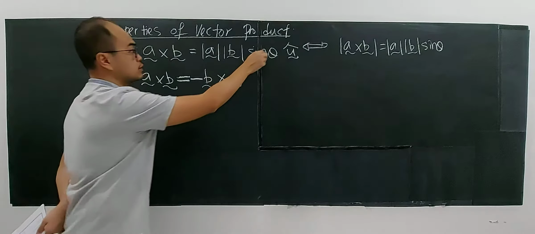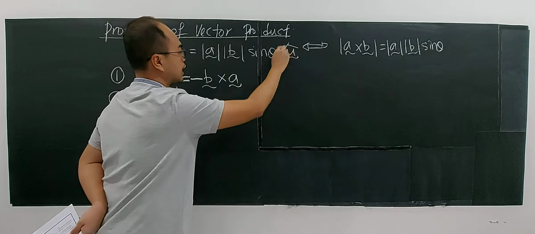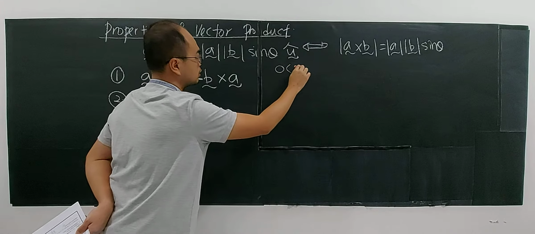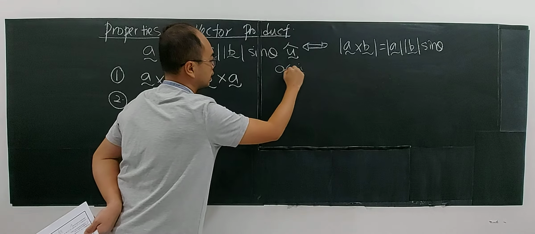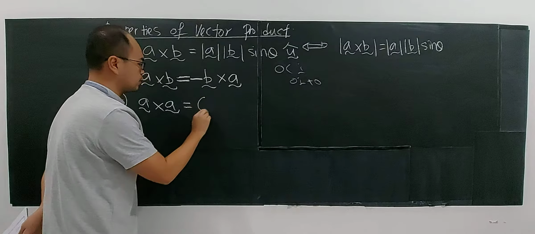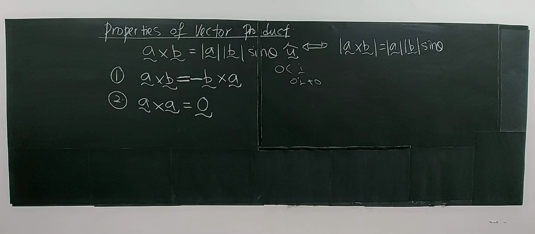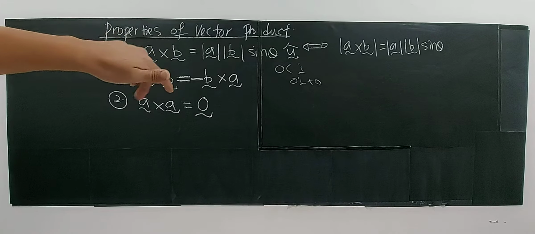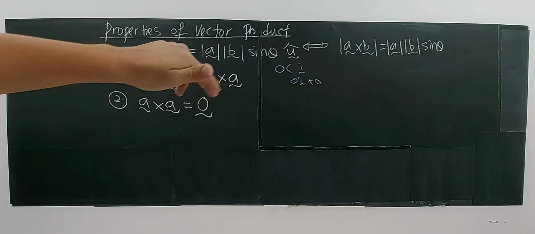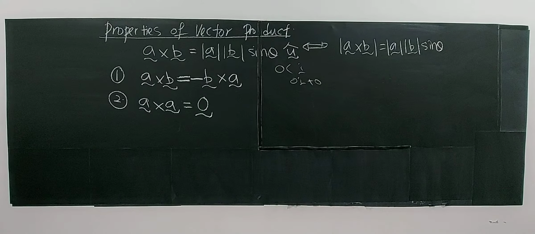Since sine 0 is 0, everything turns to 0, and 0 multiplied with any vector becomes 0i, 0j, 0k, which gives you the zero vector. This is very important: any identical vectors, A cross A, B cross B, will turn out to be a zero vector, not a scalar 0, but a zero vector.